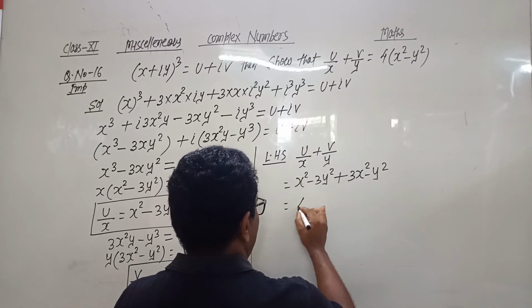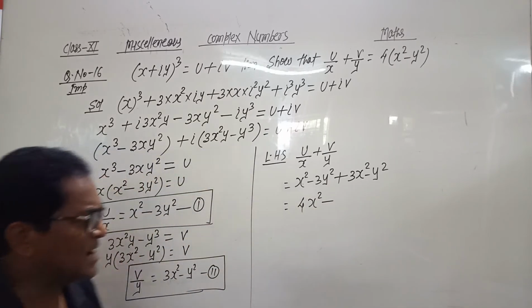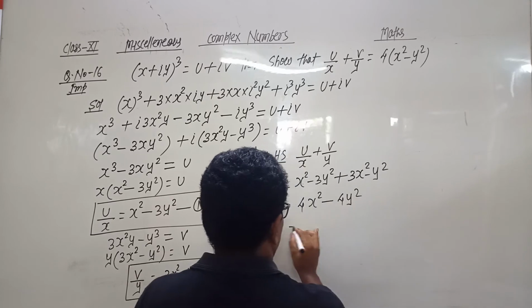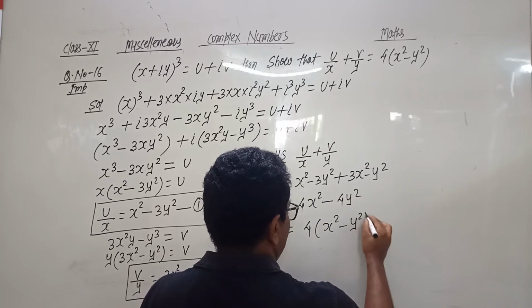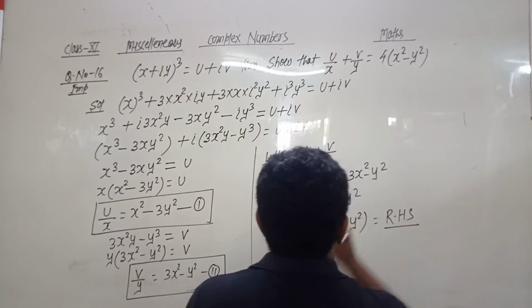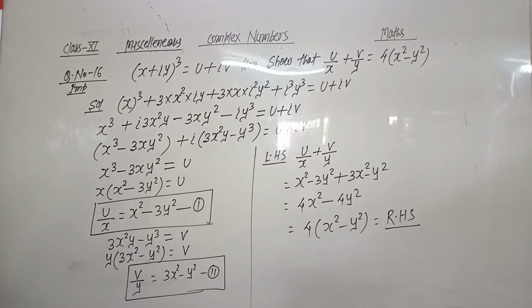So x square plus 3x square is 4x square, and minus 3y square minus y square is minus 4y square. And from these two terms 4 is taken common. So we get 4 times x square minus y square, which is the RHS. So u by x plus v by y equals to 4 times of x square minus y square.